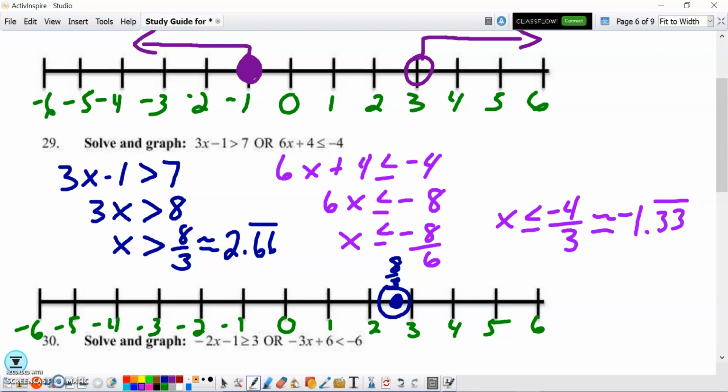And that one's going to be right about here. And that one's going to be a solid dot. It's an OR situation. So this one, x is greater than that, so that's going to go to the right. X is less than that, it's going to go to the left.